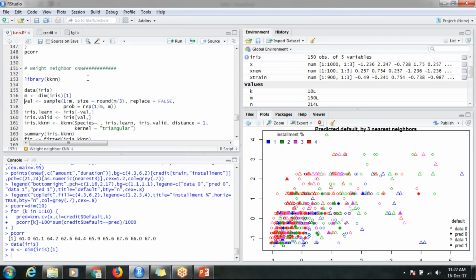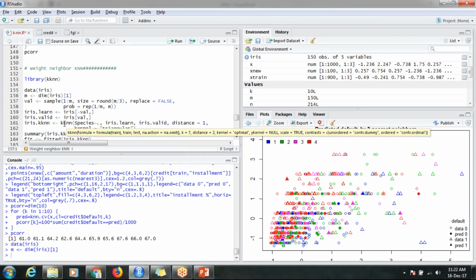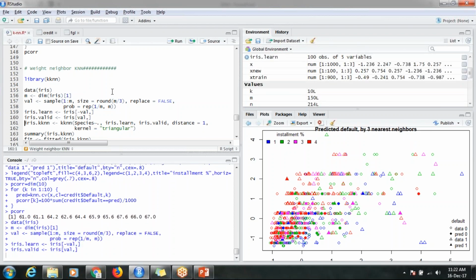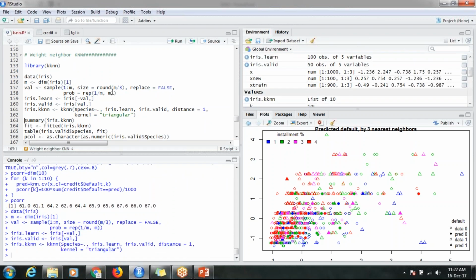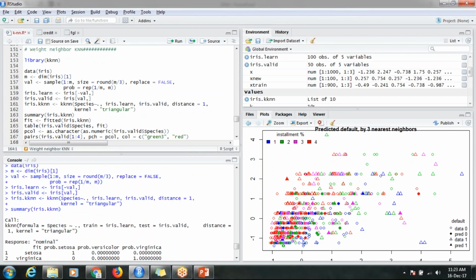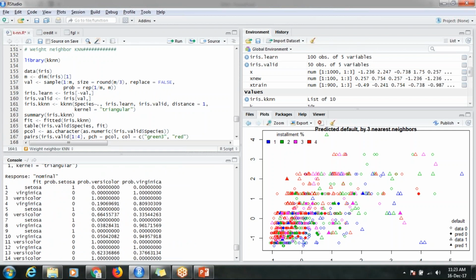Here I will be working with distance weighted KNN, and for that my command becomes kknn. Here it has probability settles.